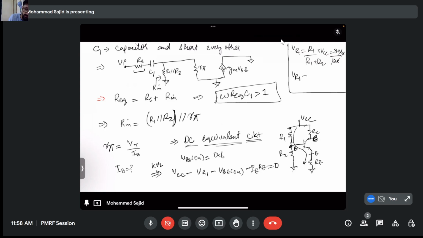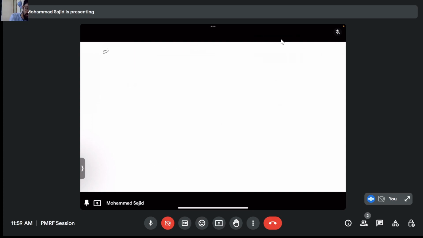So it comes out to be 8.4 volt. So we can write 12 minus 8.4 minus 0.6 is equal to IE RE. That is 3 divided by RE, RE is 2K. Therefore, IE is equivalent to 1.5 milliampere.